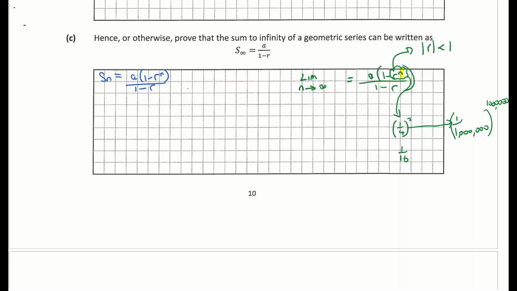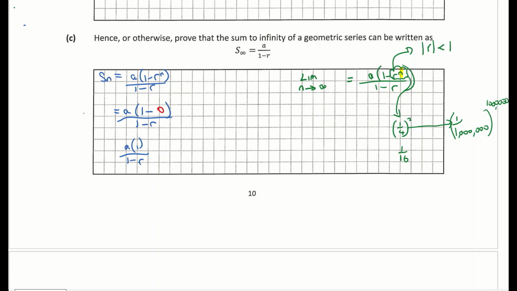So if we come back over here to our solution, we're looking at our formula. If we think about r to the power of n, imagine if we were to get to that value of 0, basically we're subbing in 0 for r to the power of an infinitely large value. And we put that over our 1 minus r, that's giving us a times 1 over 1 minus r.